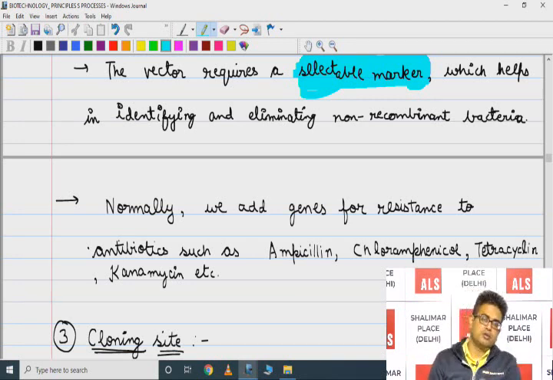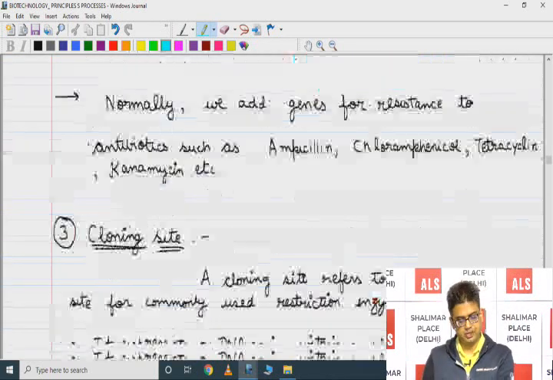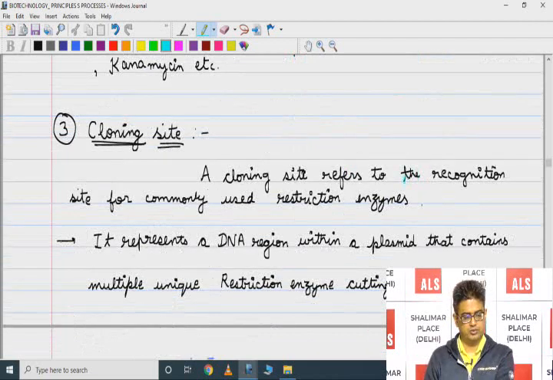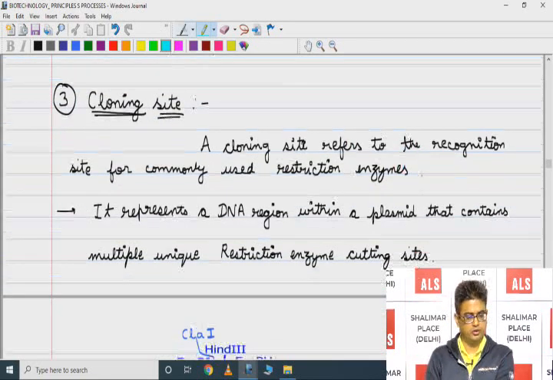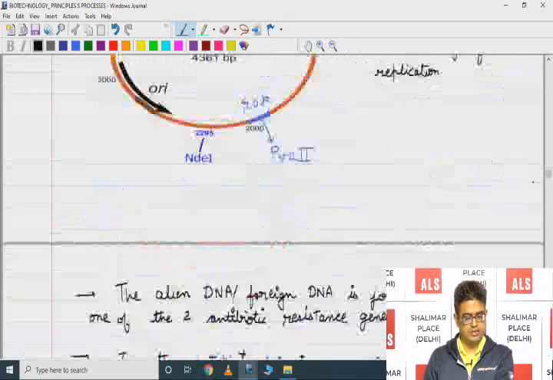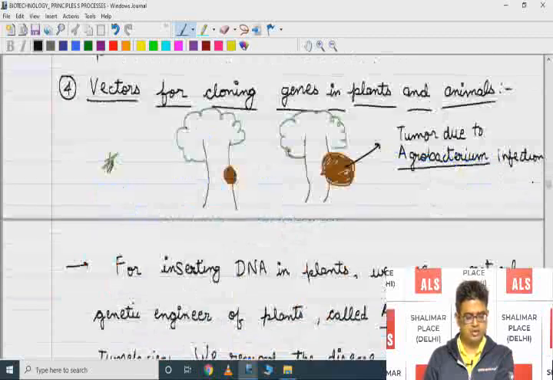You can grow them in a separate culture without ampicillin, without any poison. Cloning site refers to the recognition site for restriction enzymes. So all this I have explained to you, right?